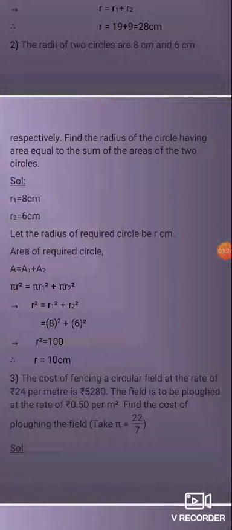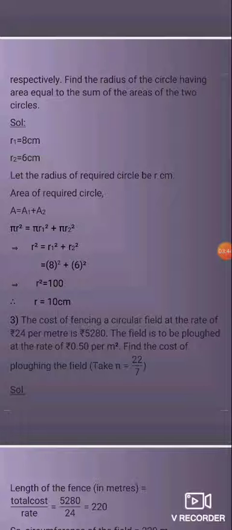Now, the next one. The cost of fencing a circular field at the rate of rupees 24 per meter is rupees 5,280. The field is to be ploughed at the rate of rupees 0.50 per meter square. Find the cost of ploughing the field. Now, take pi is equal to 22 by 7.